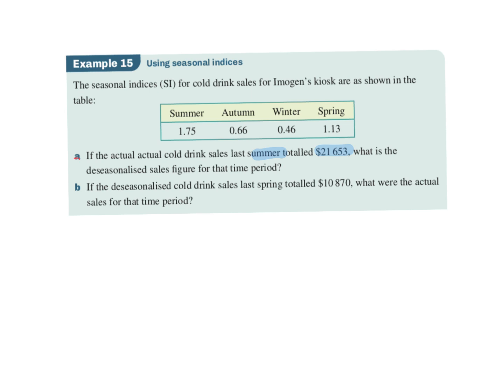So let's have a look at A. They want me to find the deseasonalized value. So I always write the formula out. So deseasonalized is actual over seasonal index. Because sometimes if you write that, they might not so obviously tell you what the actual is.